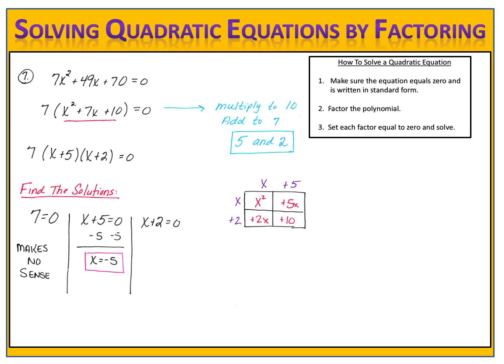X plus 5 equals 0, we solve that, and we have x equals negative 5, our first solution. X plus 2 equals 0, we subtract 2 from each side, and we have x equals negative 2. So we now have the 2 solutions to our quadratic equation, x equals negative 5, and x equals negative 2.